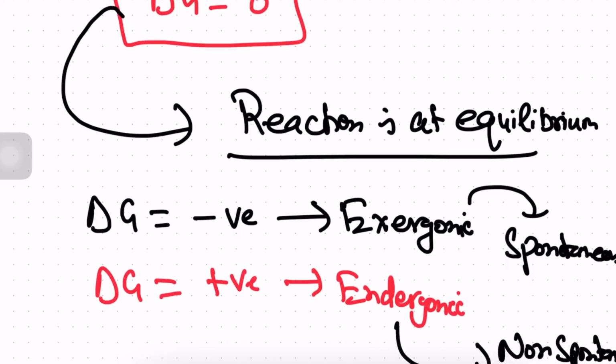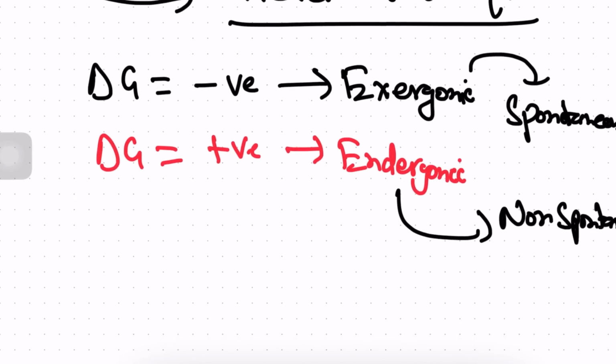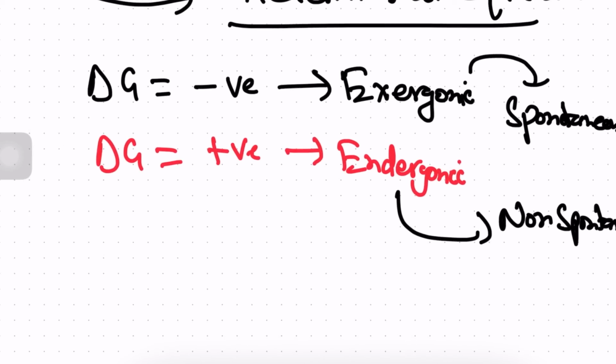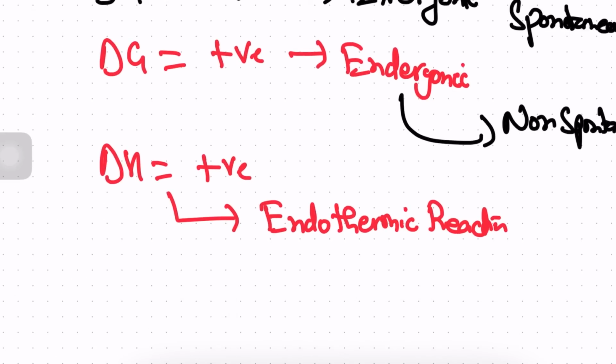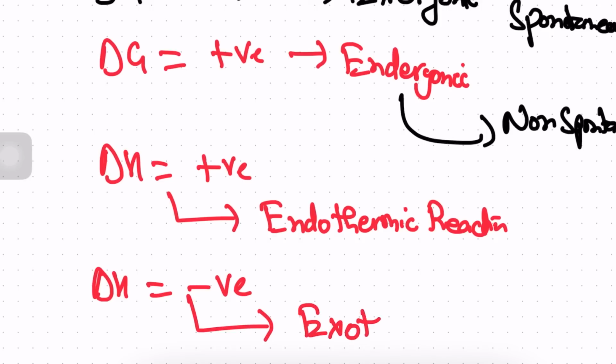They are not going to occur on their own. Also keep in mind, when the value of delta H is positive, it is an endothermic reaction, and if the delta H value is negative, the reaction is an exothermic reaction. Hopefully you have understood this concept.